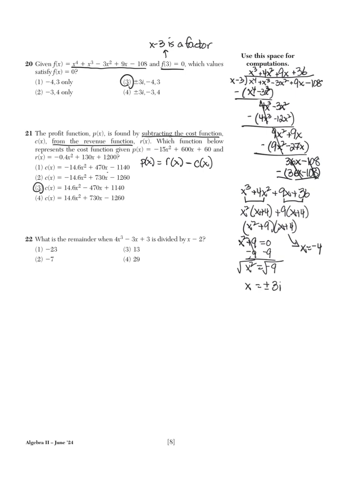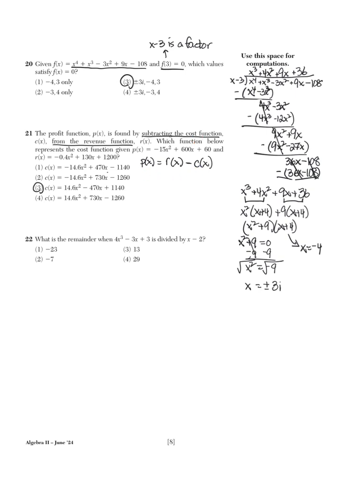So essentially, profit is found by subtracting the cost from the revenue. Now be careful, when it says from, that means whatever was spoken about first actually gets written last.